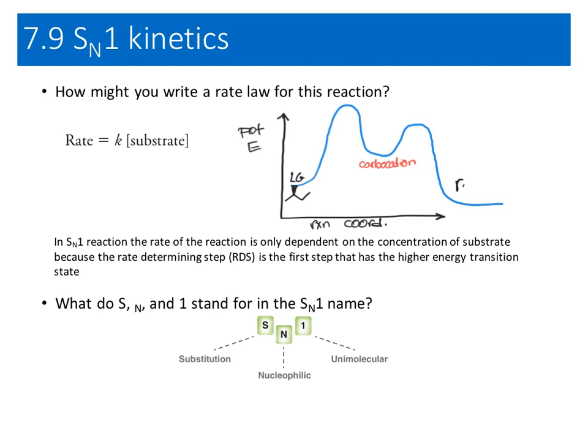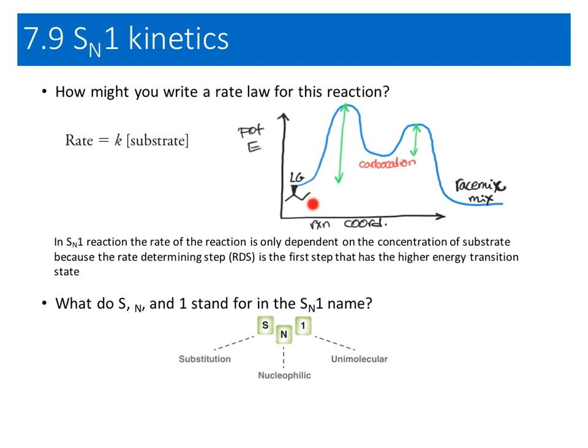Racemic mixture is a mixture of enantiomers, so they both have same energy. Now if you look at the activation energy for these two steps, the activation energy for the first step is much higher than the second one. So the first step has higher energy transition state, meaning that this step is slower than the second one. And in chemistry, the slower step is always the rate determining step. So if we want to define the rate law for the reaction, we need to look at this step only.